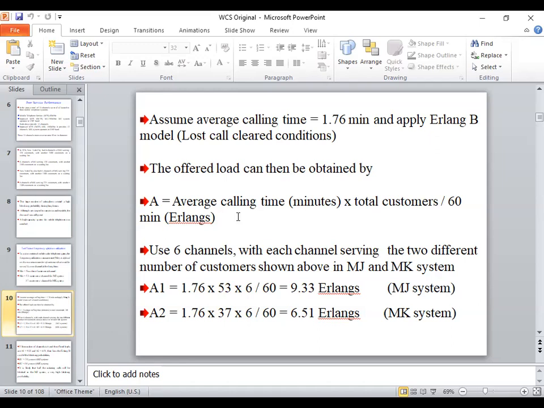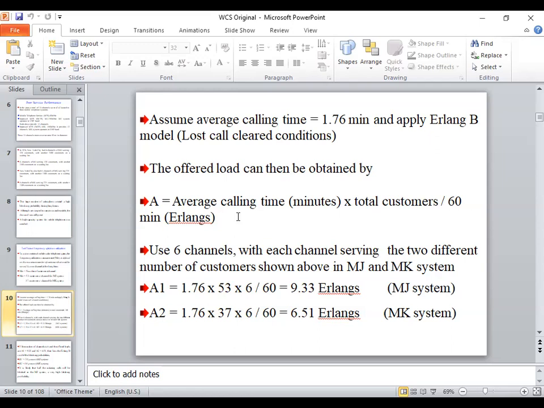So if I apply the Erlang B model, the offered load will be given by the formula: capital A is equal to average calling time, that is 1.76, multiplied by total customers, divided by 60 minutes.